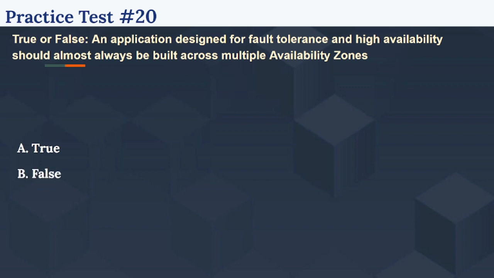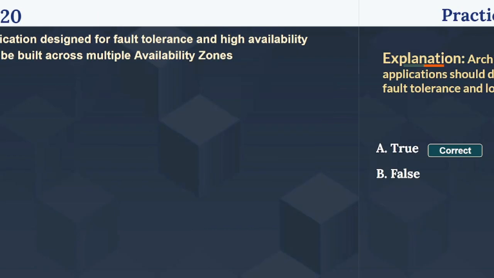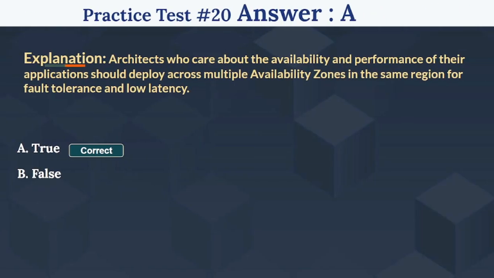Please select your answer in the next 5 seconds. 5, 4, 3, 2, 1. So the right answer is A, true. Architects who care about the availability and performance of their applications should deploy across multiple availability zones in the same region for fault tolerance and low latency.